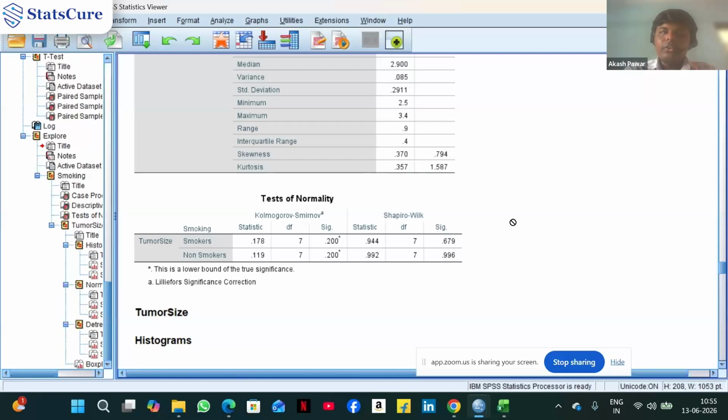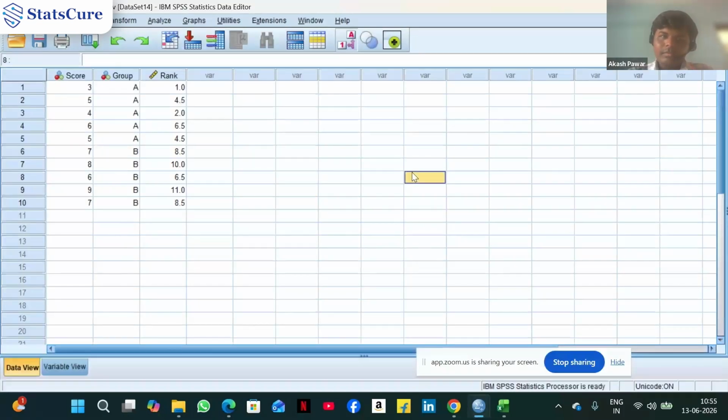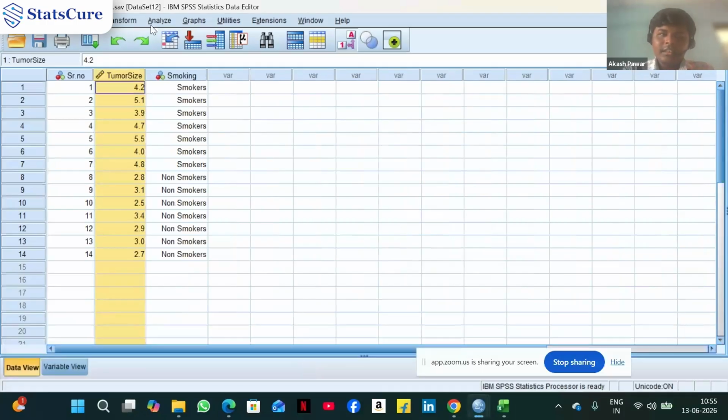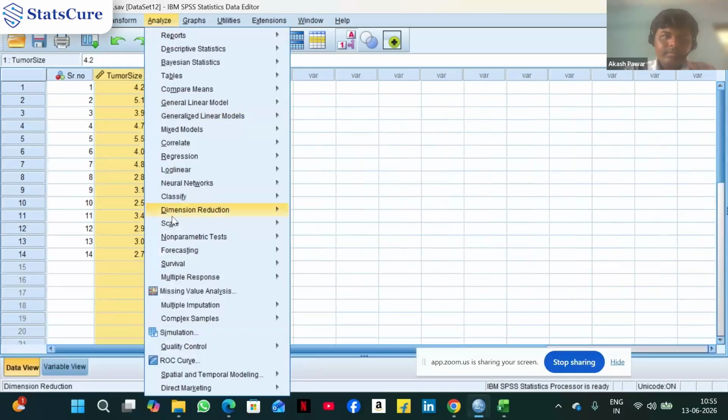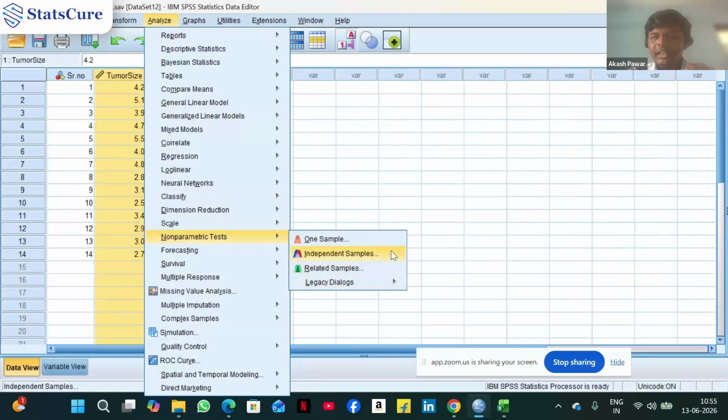So Indrila, can you go to the Mann-Whitney analysis of this data itself? This data? No, I guess this one has ranks. So we will continue with this data for the Mann-Whitney test. So Analyze, Nonparametric Tests. There is a legacy dialogue, and there are a lot of tests.